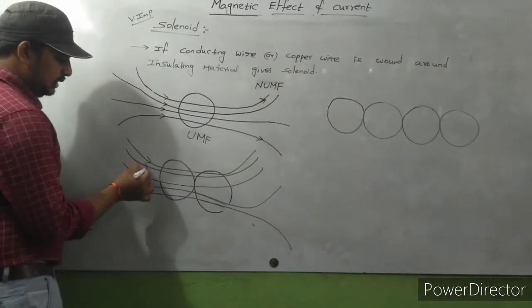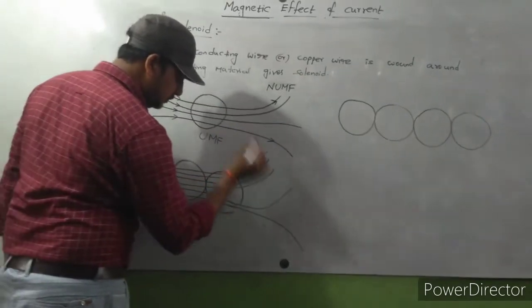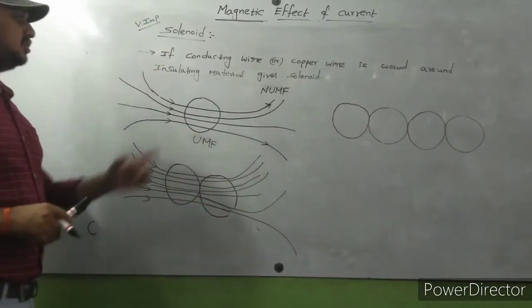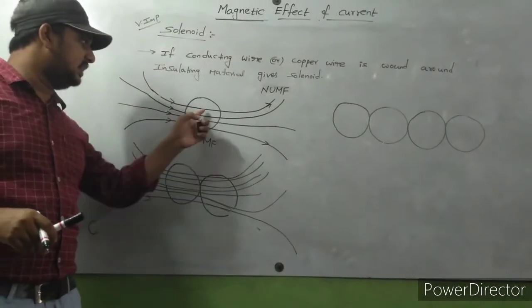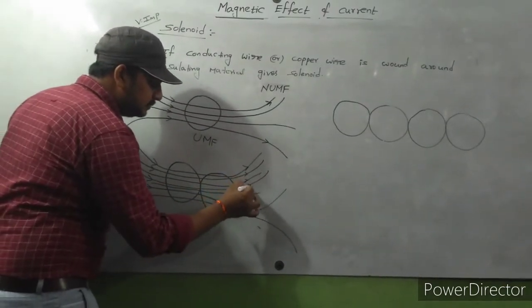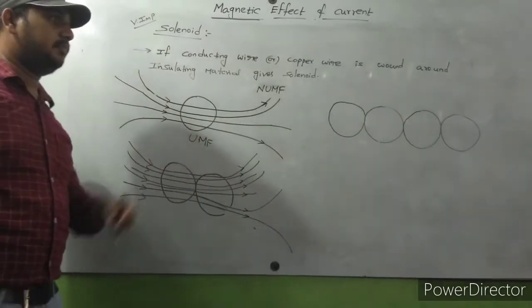Dear students, what is the difference between when only one loop is there and when two loops are present?